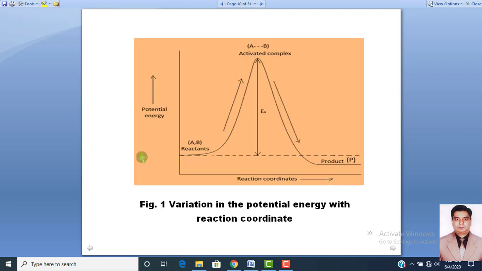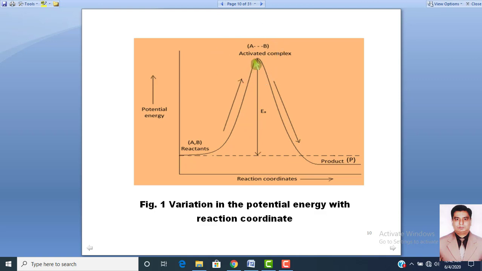So if you see figure number 1, we take the reaction coordinate along the x-axis and potential energy along the y-axis. You can see that as the reaction coordinate increases, the potential energy goes increasing, as you can see with the movement of this cursor.